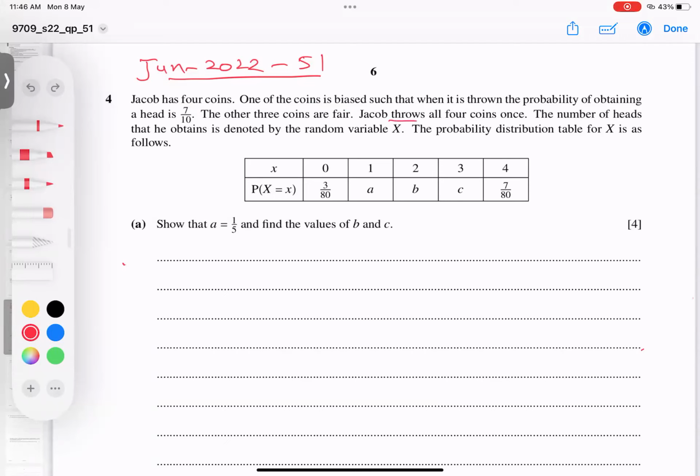Jacob throws all 4 coins, and the number of heads obtained is noted down, represented by X. It means we have total outcomes: 0 heads, 1 head, 2 heads, 3 heads, and all 4 heads. He says to find the values of A, B, and C.